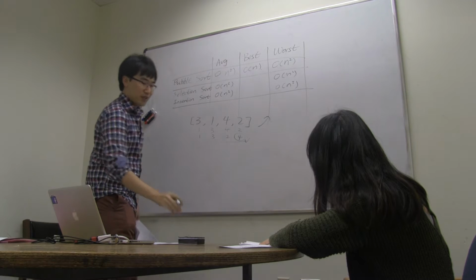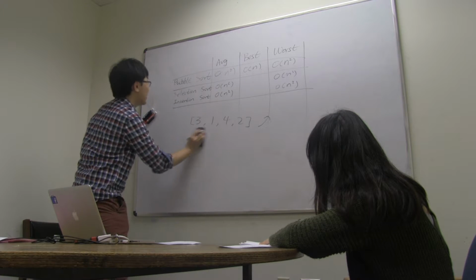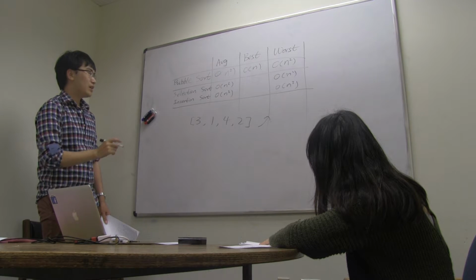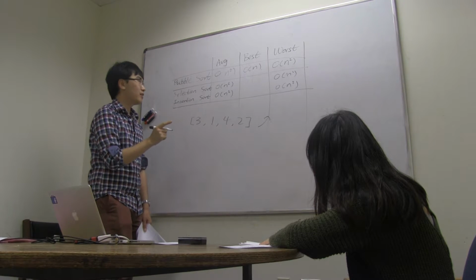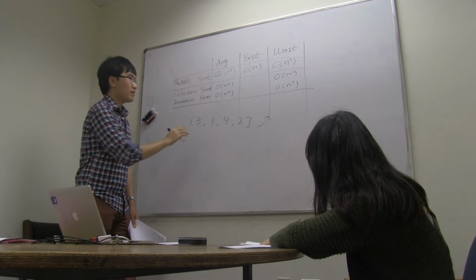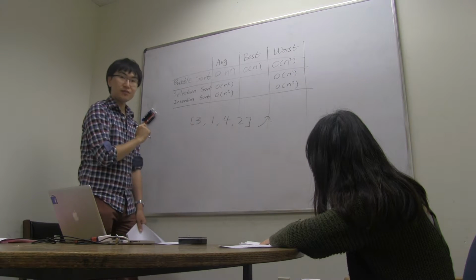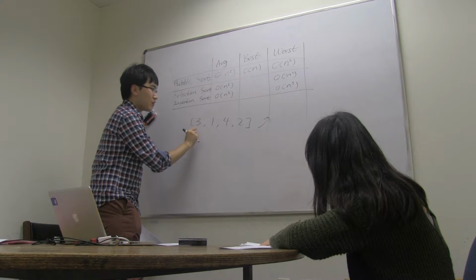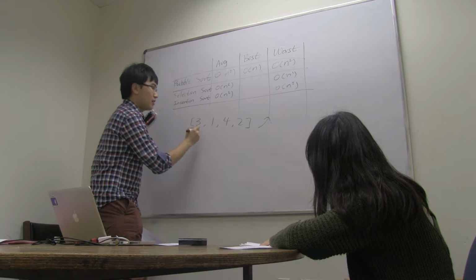This is bubble sort. Then let's see selection sort. In selection sort, the idea is that in each pass we pick the smallest number in this array and put it in the first position. So in the first pass we check, is 3 the smallest number? Maybe.